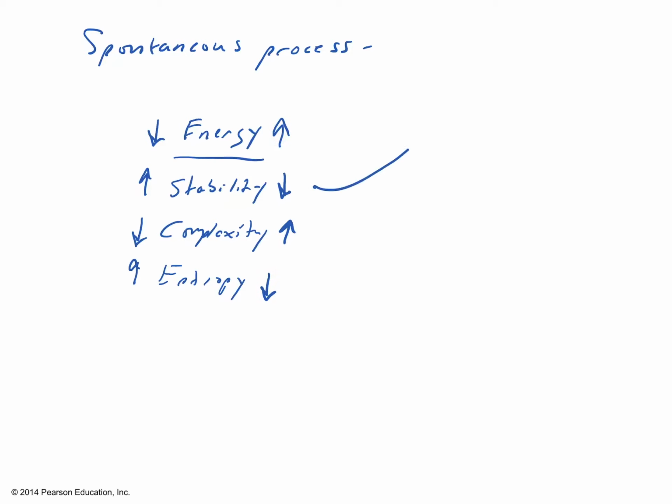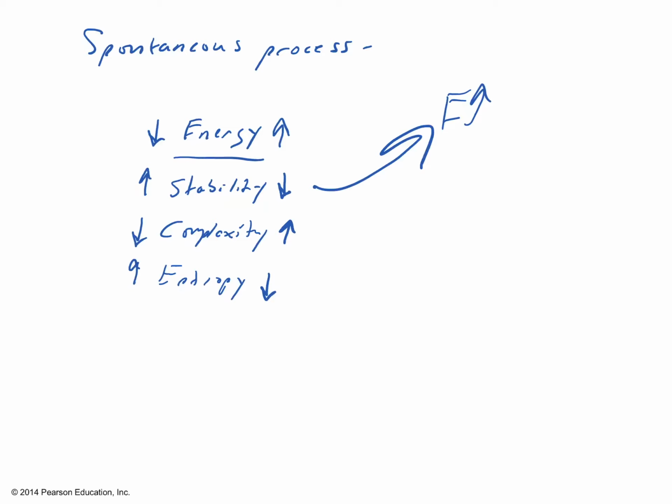But as energy seeps away from that system, its stability will go from low to high, its complexity will go from high to low, and its entropy will go from low to high. This is what always happens with high energy systems.